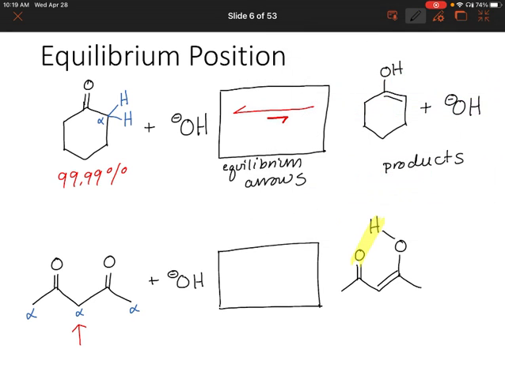So that's going to further stabilize this molecule. And then we also reform our catalytic base. Okay, so looking at our ketone versus our enol, which one do you think would be favored?